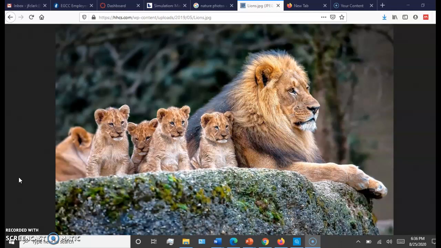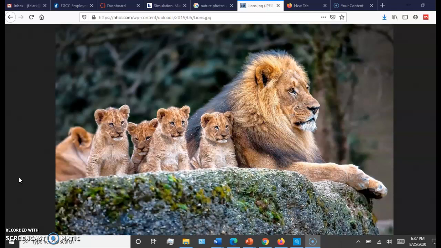So any observation such as there are 4 lion cubs in this picture would be a quantitative observation. A qualitative observation, on the other hand, is one that expresses a quality and does not have a numerical value. So stating that some of the lion cubs have blue eyes would be a qualitative observation, because blue is the description you're using, and it is not numerical. Hopefully, those examples help with that.